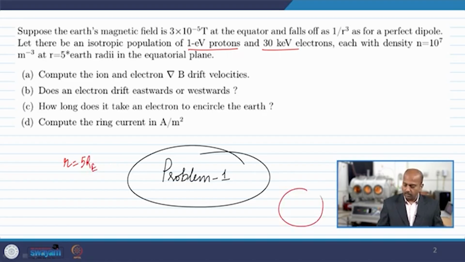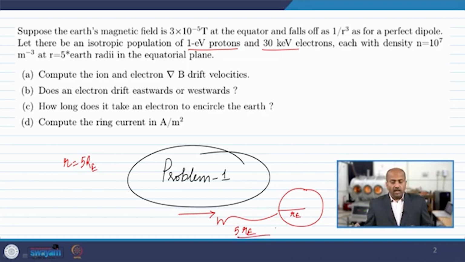You take the Earth, the plasma is coming towards the Earth, and we have to perform our calculation at a distance of 5 RE in the equatorial plane.